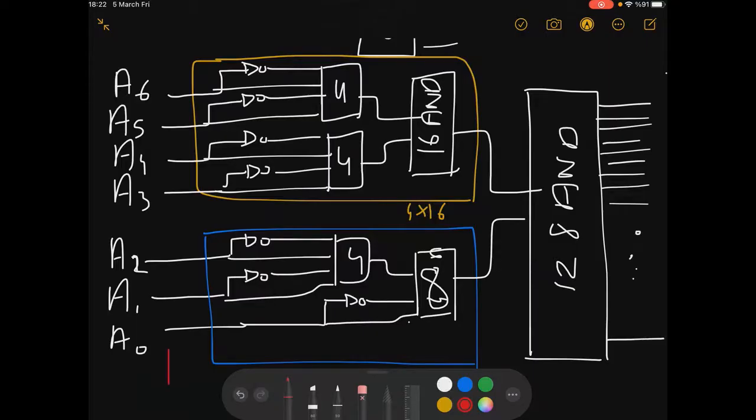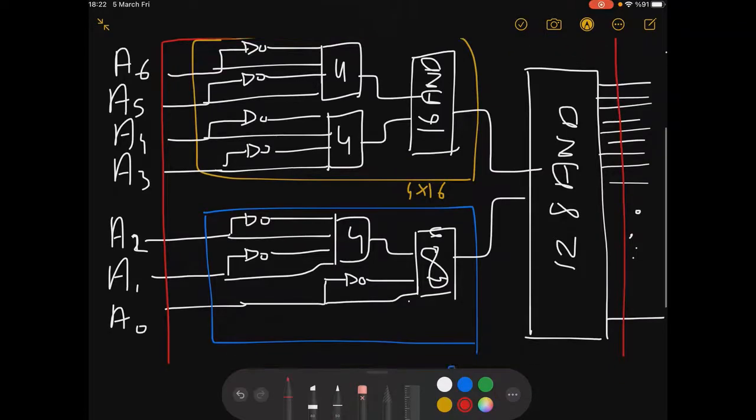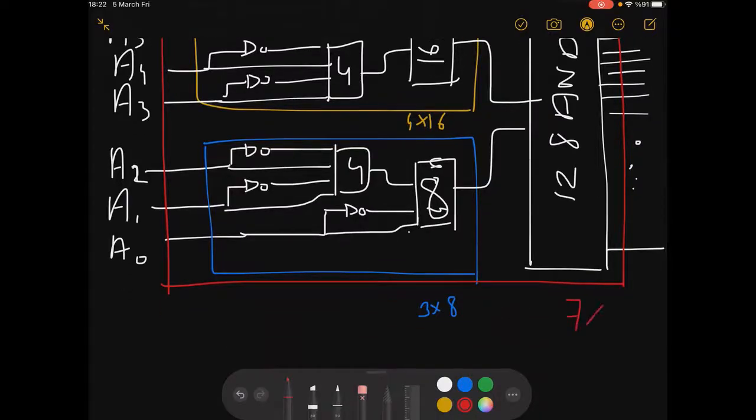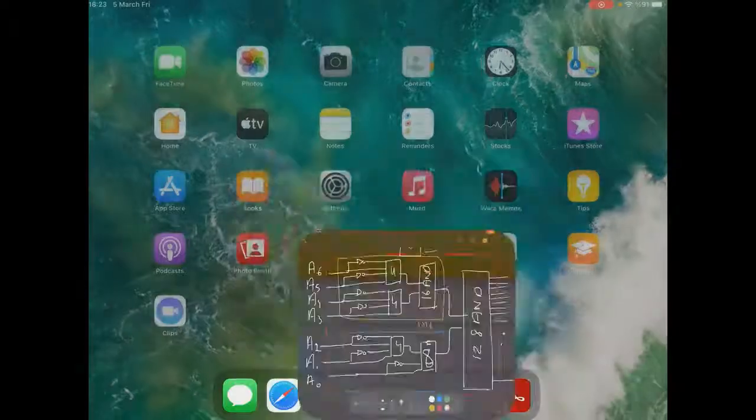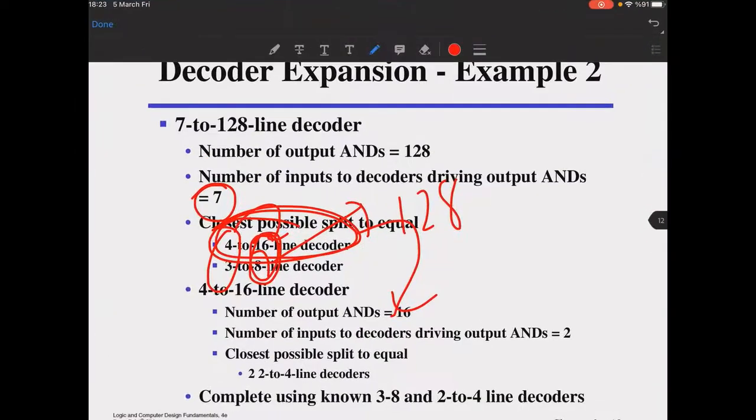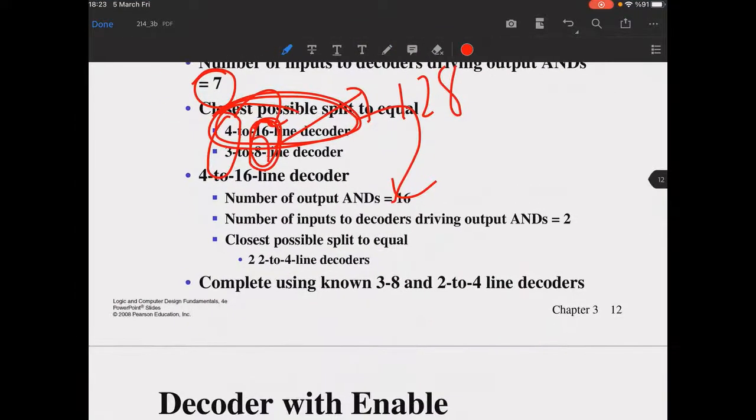And when you pack them together, like in this box, like a functional block here, it means that you will have your 7 by 128 decoder as a beautiful implementation like this, which is very convenient, and it makes life easier for us when you want to design it, even in a laboratory hands-on experiment or by any computer aided design. That's the idea with the decoder expansion.